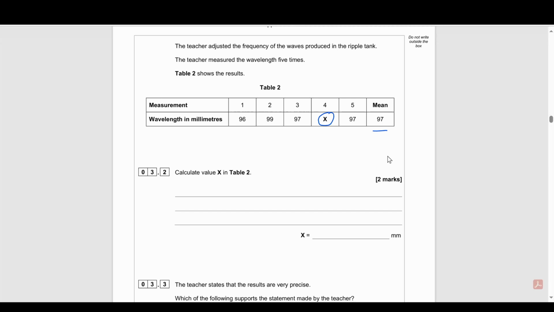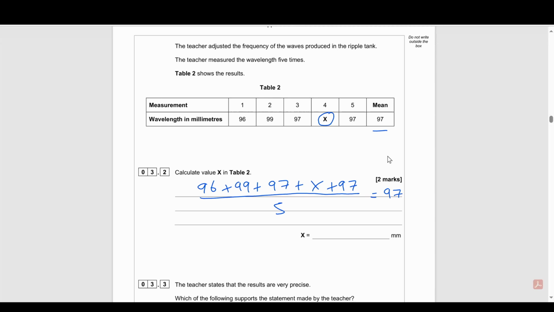So how did they obtain the value of 97 for the mean? Well, to find the mean, you add up the numbers for your measurements and divide it by how many there are. So what they would need to have done is 96 plus 99 plus 97 plus x plus 97, and then divide that by 5, and then that would equal 97.